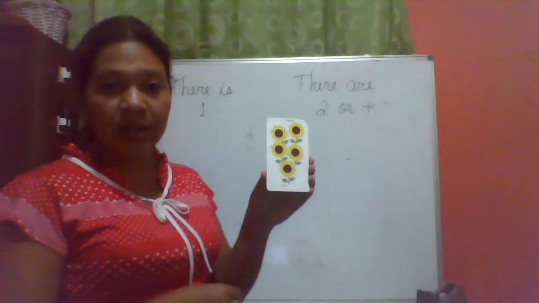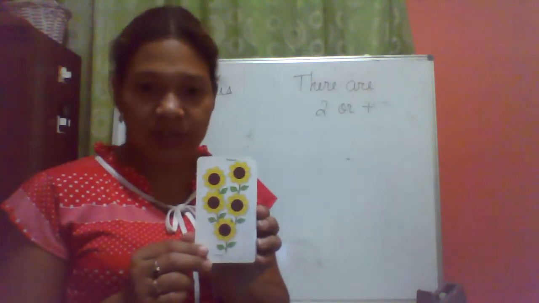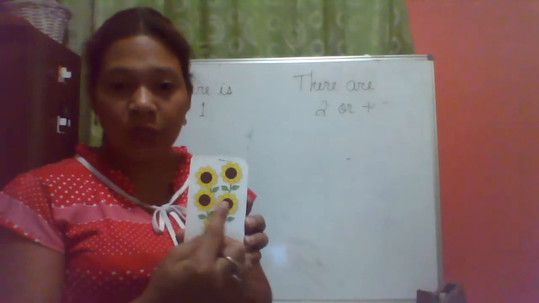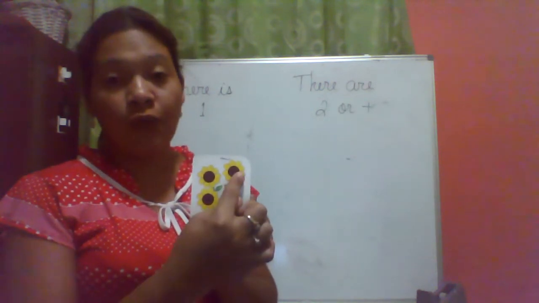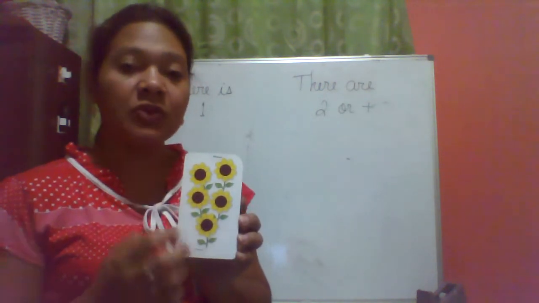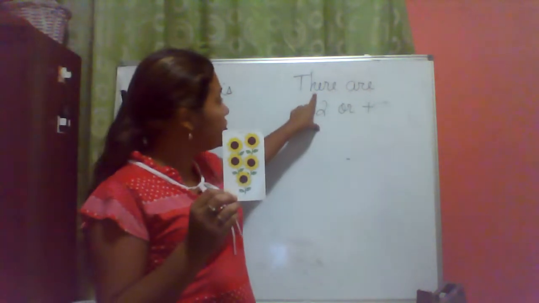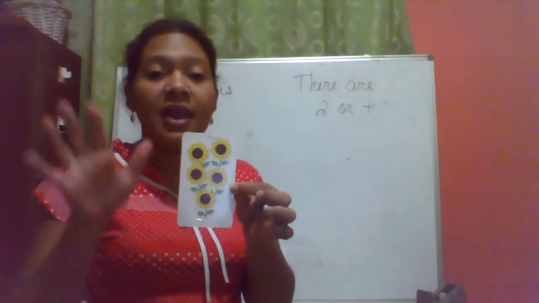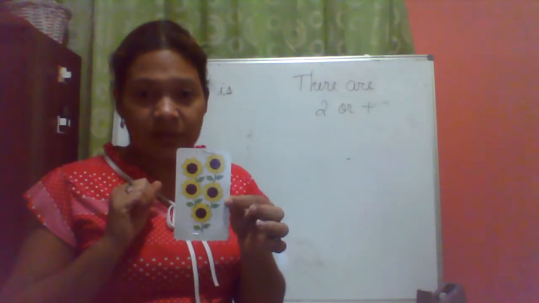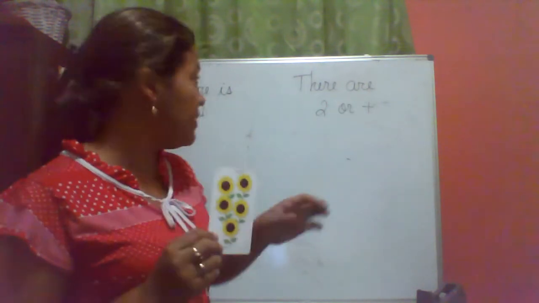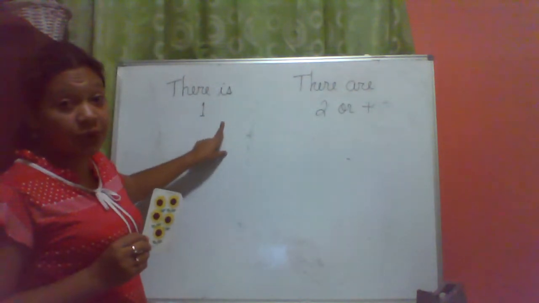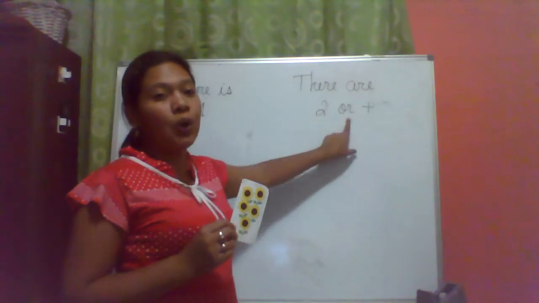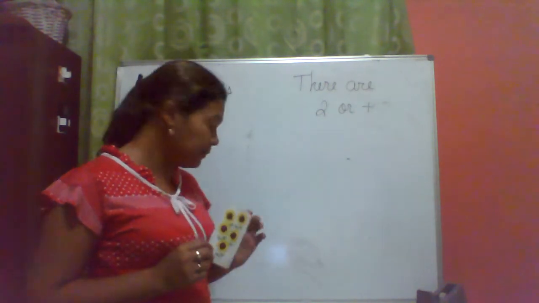Look at this one. I have many flowers here. One, two, three, four, and five. So I have to use there are. There are five flowers. Okay? Remember, there is for one object, there are for two or more objects.